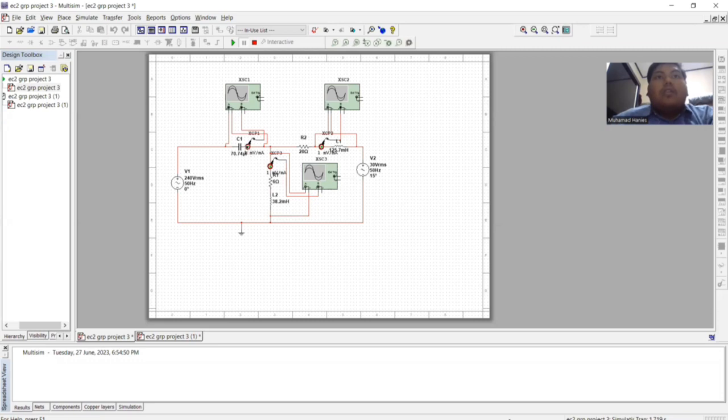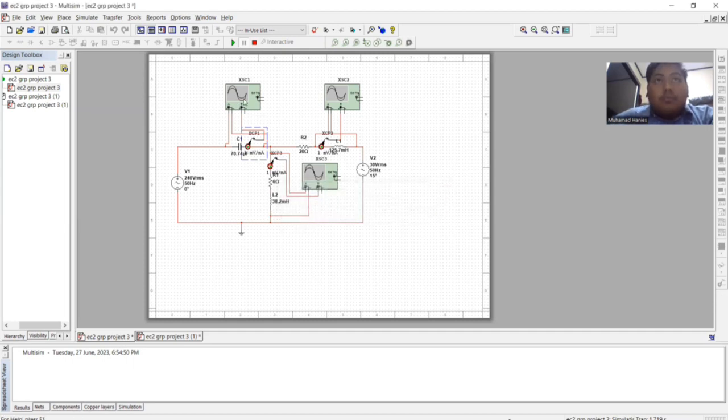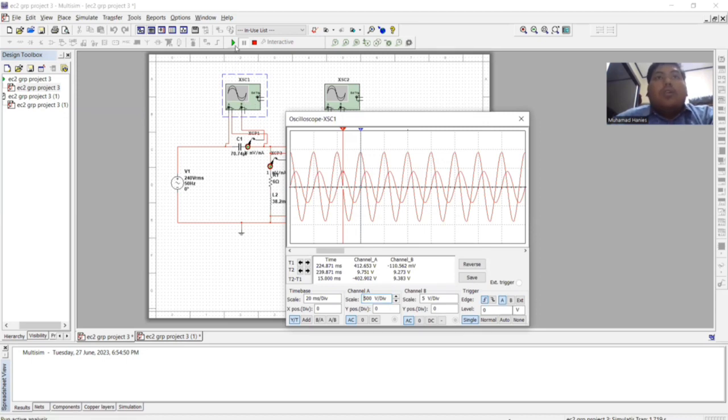So we will set a clamp to mV per mA, and then for the oscilloscope at a capacitor, I will show you. First of all, we need to set channel A, channel B to AC and a single oscilloscope. And then the scale for the time 20 millisecond. Okay, so try to run.